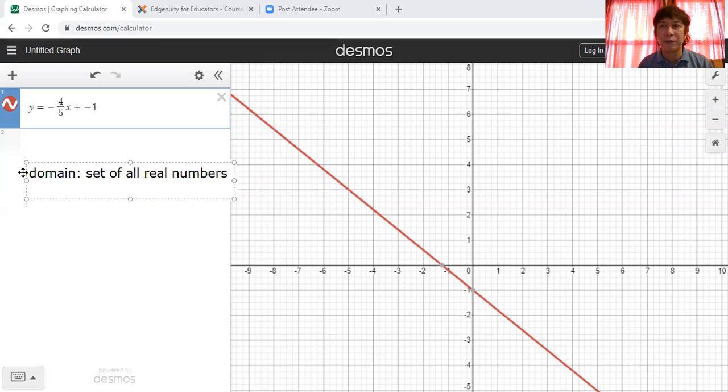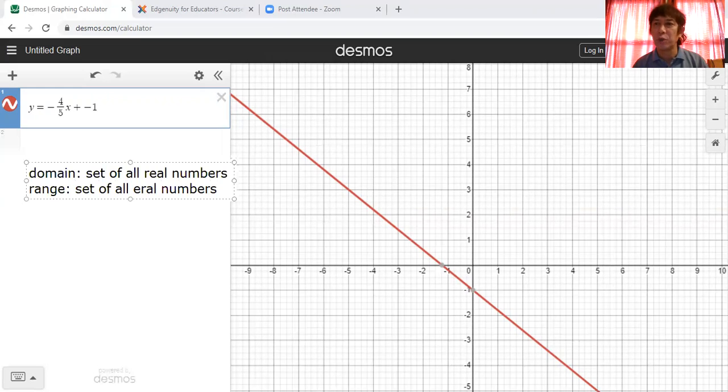All possible values of y will include all real numbers. So this will be our range. Again, the definition of range is the corresponding output for each value of x. So it will be the set of all real numbers.